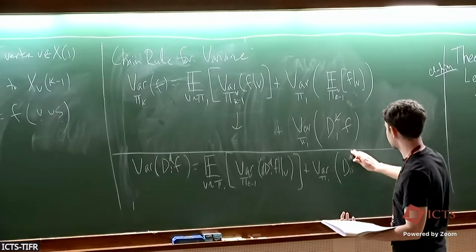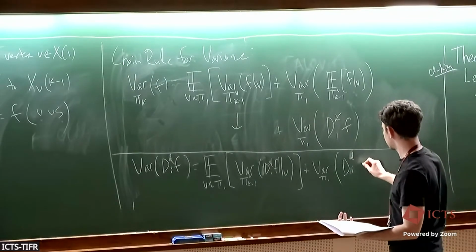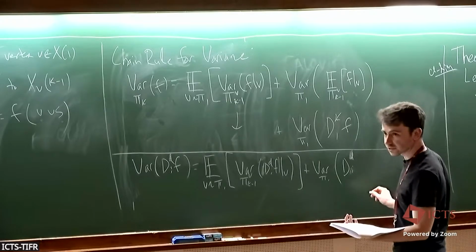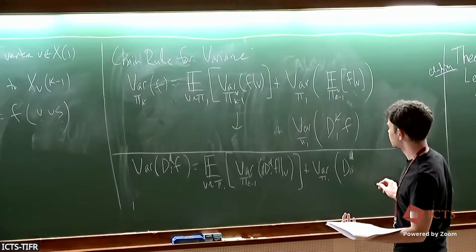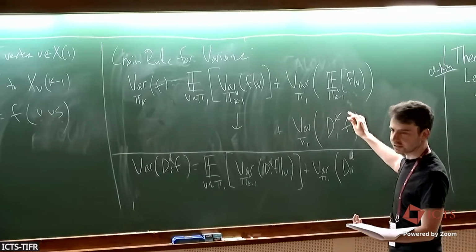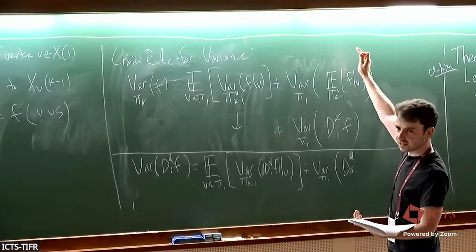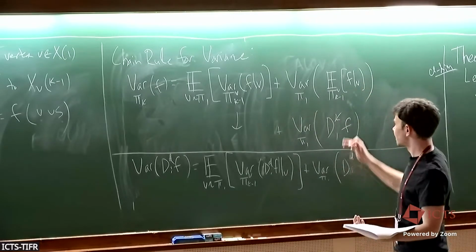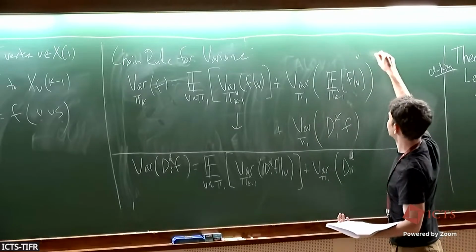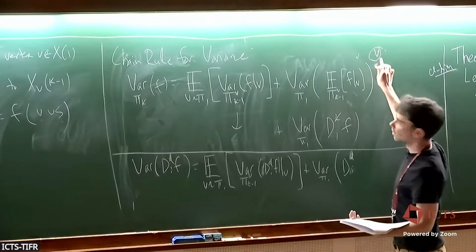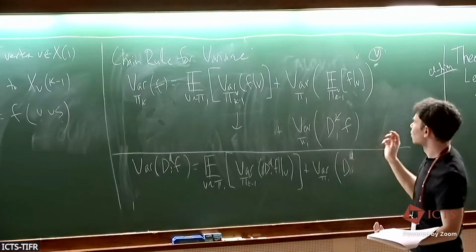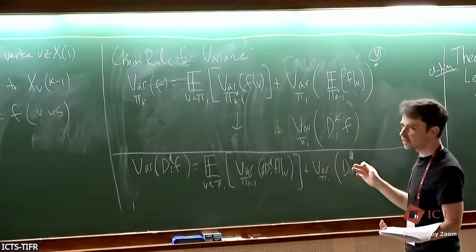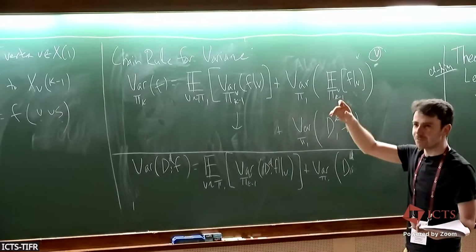This is the down operator, right? f is a function sitting on level k. I've mapped it down, and this is now a function, right? This is taking the expectation over a vertex, so the value at a vertex, which is on X1. Something that I noted in the notes but not here is that the direction of these operators is opposite, right?